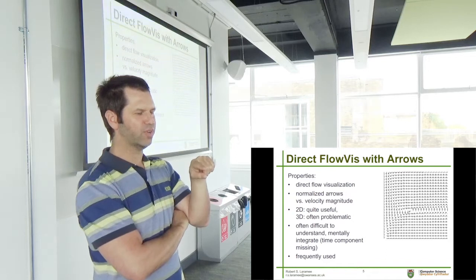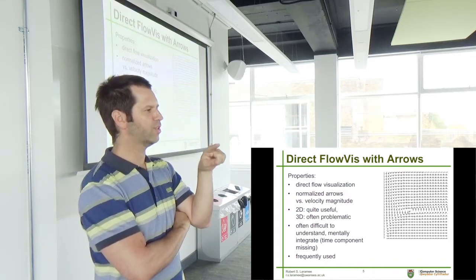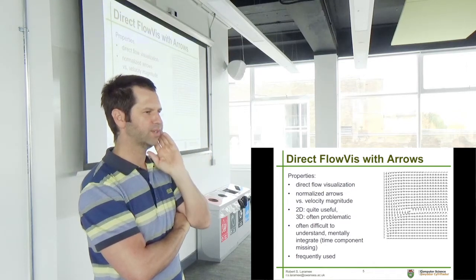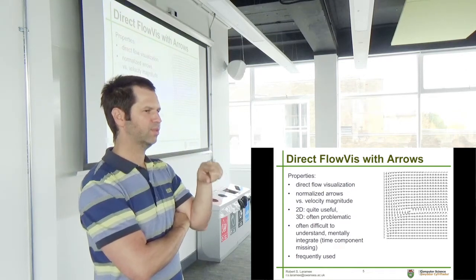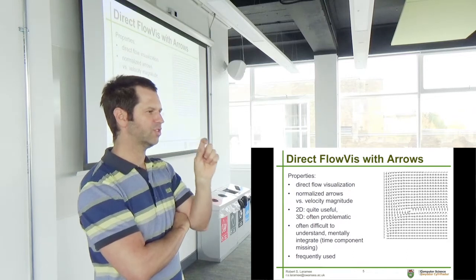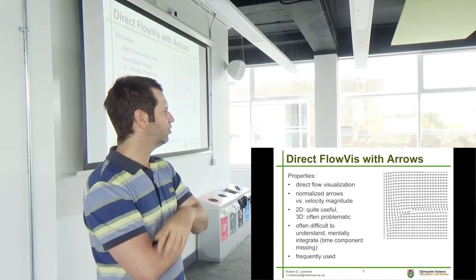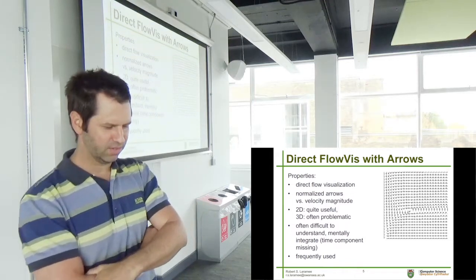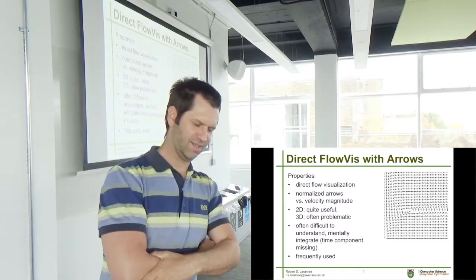You're trying to create paths that are longer than the arrows, like you're trying to actually integrate the flow in your mind. You want a path, but you don't want just a little arrow. Your mind is trying to derive paths. It's a little bit of a psychic exercise.